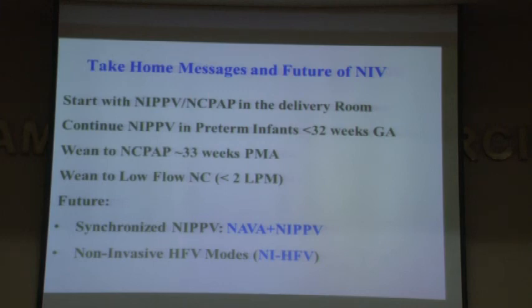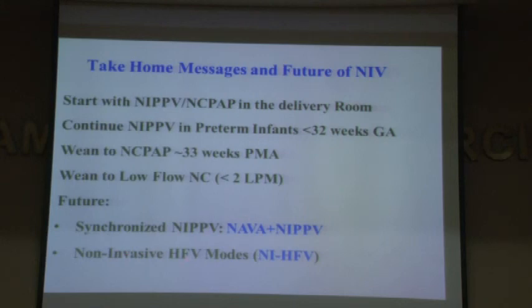Where do we go in the future? If you synchronize non-invasive ventilation, it is nice. We don't have a very good way of synchronizing NIPPV. For example, neurally adjusted ventilatory assist, or NAVA, is a very good way of synchronizing. It's very expensive and doesn't work that well in micropreemies, so we only use NAVA in one of our units.